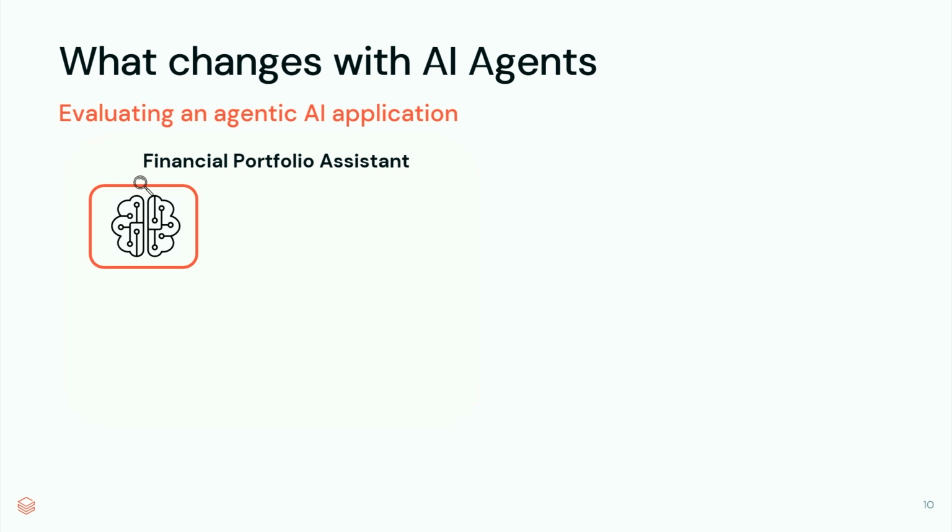It gives suggestions to customers on their portfolio, what they need to do, understanding fraud, and so forth. So for this agent, a user comes in and asks: I want to rebalance my portfolio from stock X to stock Y by 10%. Can you tell me what my future situation would look like, whether I would be in profit or loss? Explain it to me and give me a suggestion.